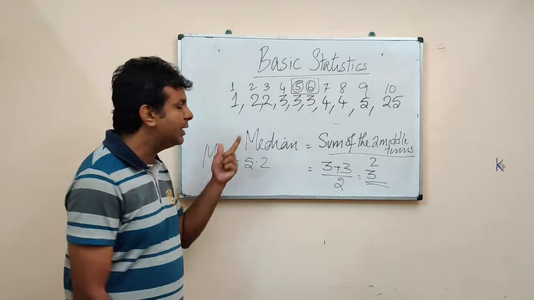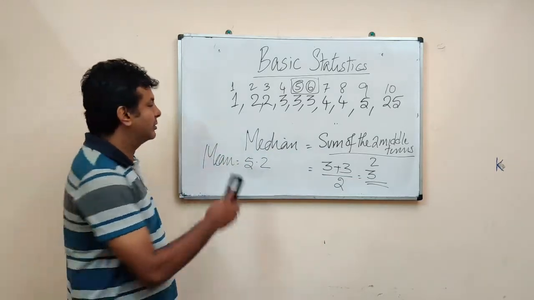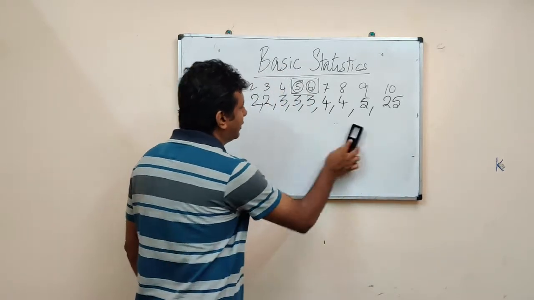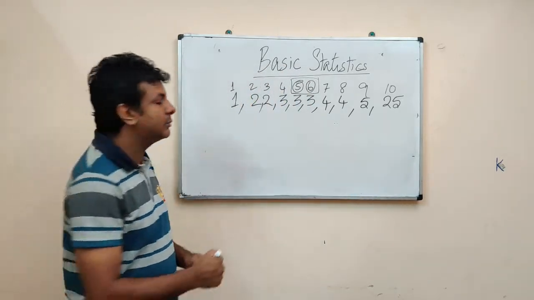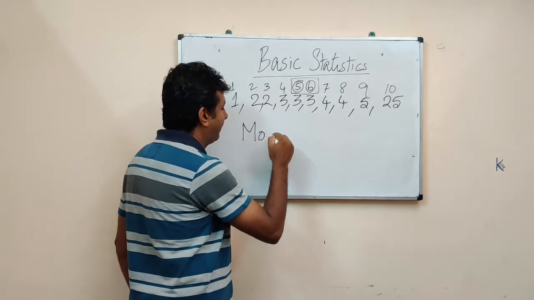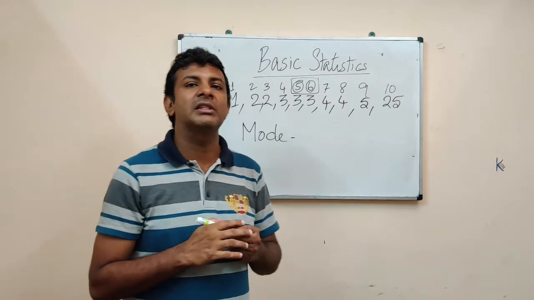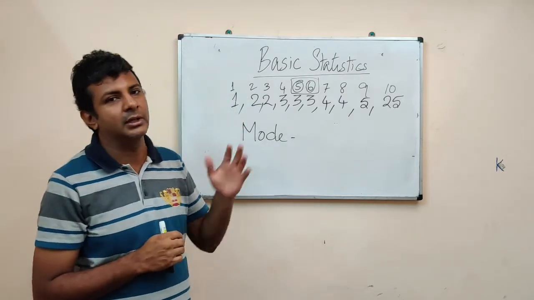Now there are a few other terms that we need to understand as far as basic statistics is concerned. Exactly two of them. The next one is mode. Mode is the value that appears the maximum number of times in the set.